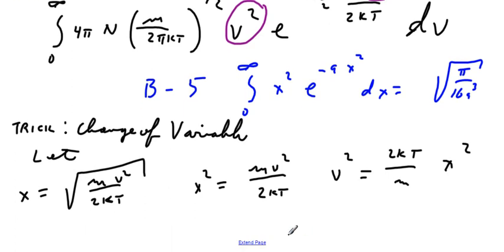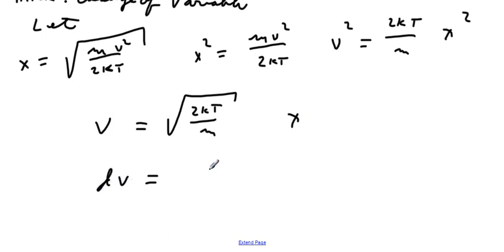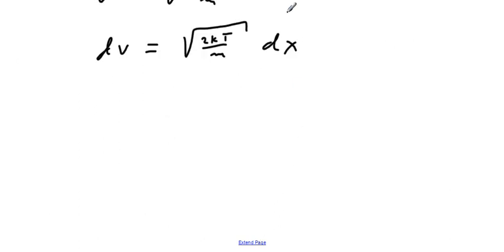And we're going to let v be the square root of 2kT over m times x. And we're going to let dv equal the square root of 2kT over m dx. Now this is where we run into trouble because we can't see enough of our paper to know what we're doing. So hopefully you started at the top of your paper before you do that.